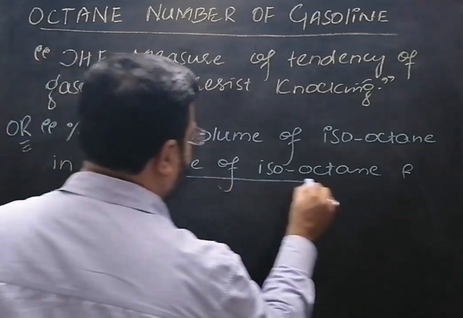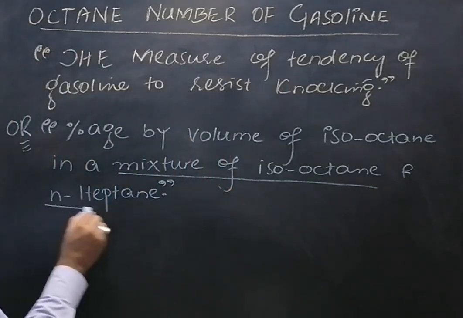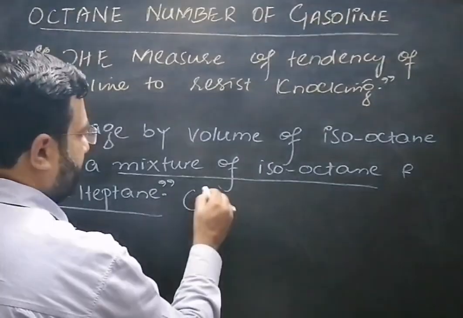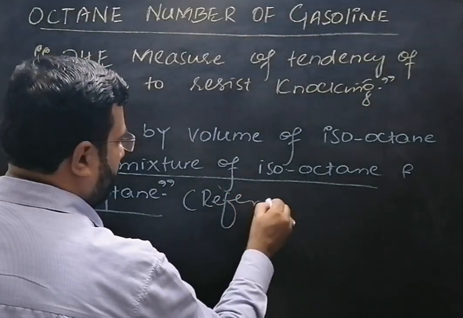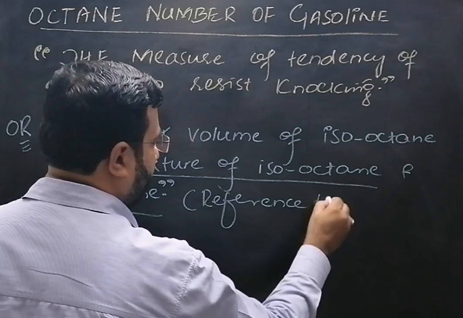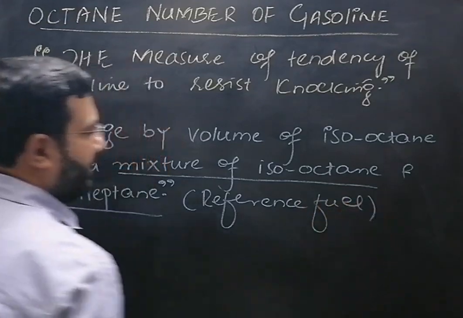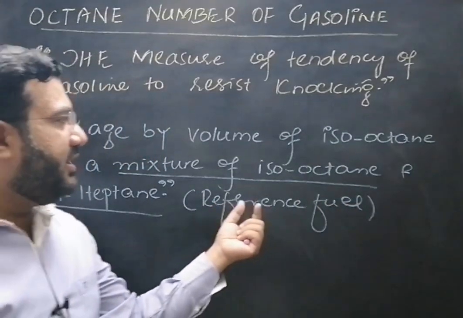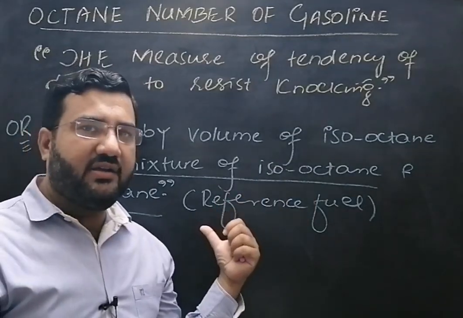Basically, the mixture of isooctane and normal heptane is used as a reference fuel. The reference fuel is prepared by mixing the isooctane and normal heptane.